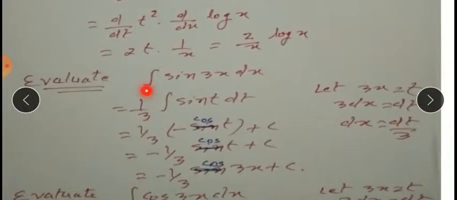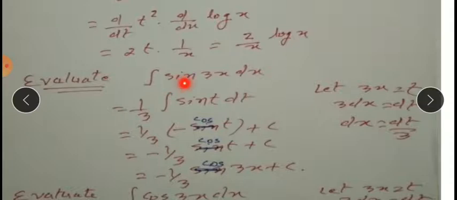Now see this example. This is integration, not differentiation. Integrate sin 3x. When we are differentiating sin 3x, 3 comes in the form of a multiple, but in the case of integration you know that this is 1 upon 3, not 3. How is it? See, let 3x is equal to t, 3 dx is equal to dt, dx is equal to dt upon 3.